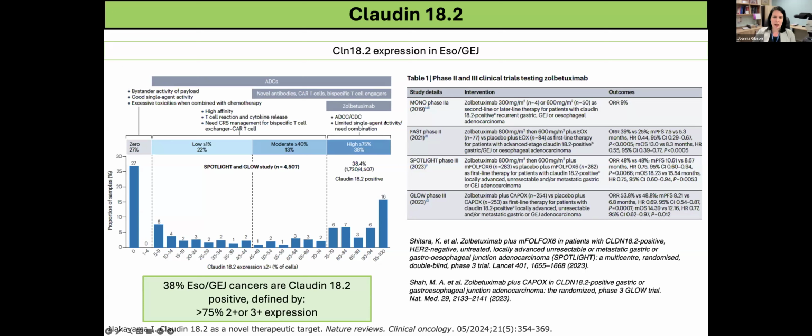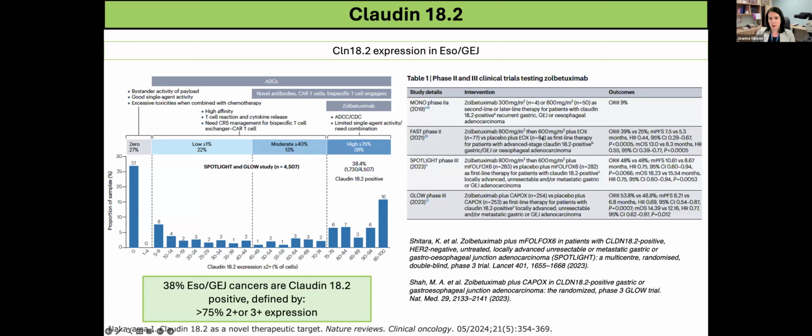This was the cutoff that was used for the study to look at zolbetuximab, which is the main antibody targeting this pathway. But there are other novel antibodies and antibody drug conjugates that could potentially be useful to target lower level expression of this particular biomarker. If you include those, then you're adding a lot more patients to the possibility of getting targeted treatment.